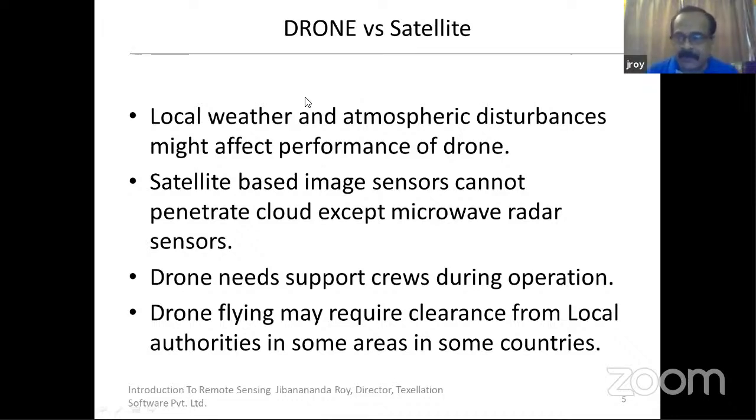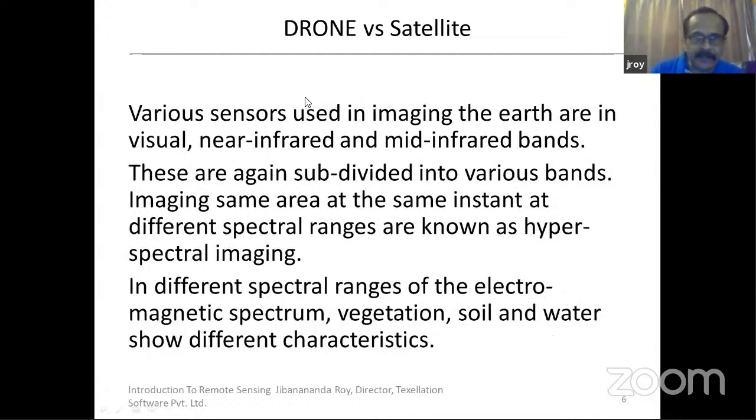If there is a lot of cloud, you cannot see the Earth, except with microwave radar imaging, which can still take images. But with a drone, you can take images even if cloud is there. A drone also requires permission from the local authority, like in a border area, you cannot run a drone.